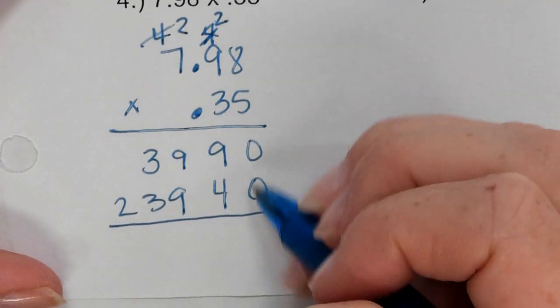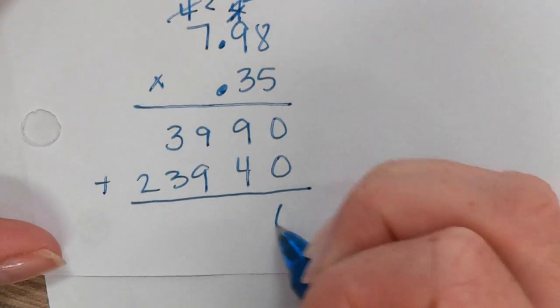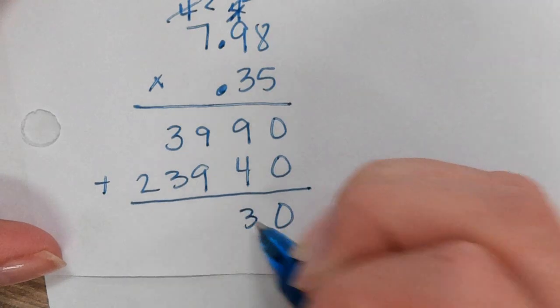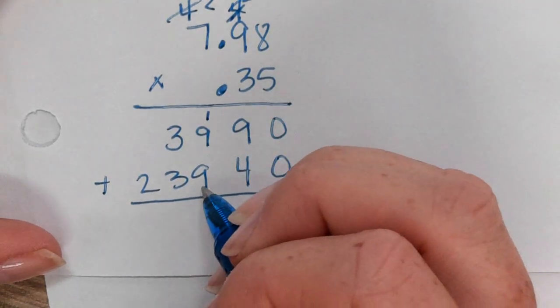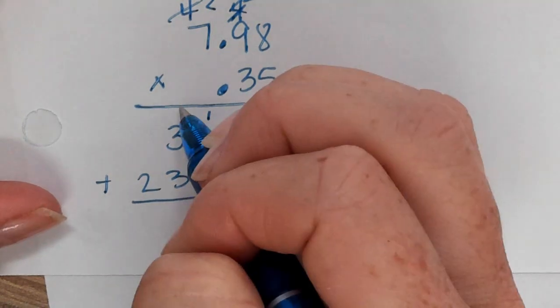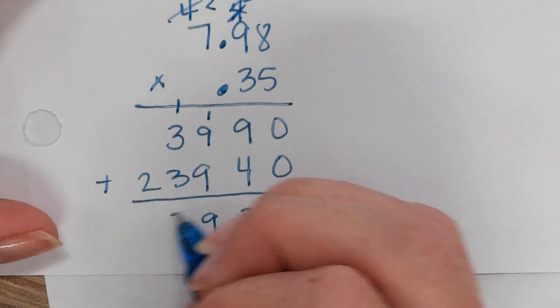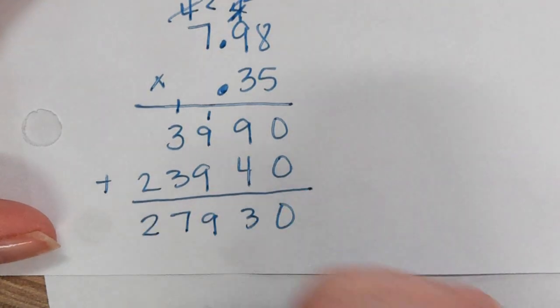Make sure you're writing very legibly and putting the numbers stacked on top of each other so that you're not getting confused when you have to add. So 0, 9 plus 4 is 13, carry my 1. 9 plus 9 is 18 plus 1, 19. And then 6 plus 1 is 7 and 2.